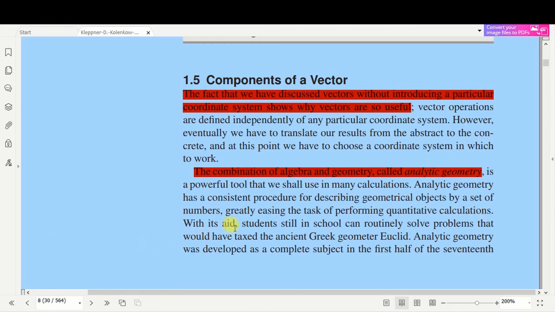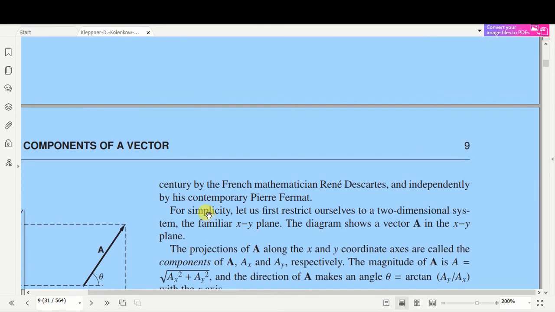With its aid, students still in school can routinely solve problems that would have taxed the ancient Greek geometer Euclid. Analytic geometry was developed as a complete subject in the first half of the 17th century, meaning that in 1600 people actually used to do Euclidean mathematics, by the French mathematician René Descartes and independently by his contemporary Pierre Fermat.